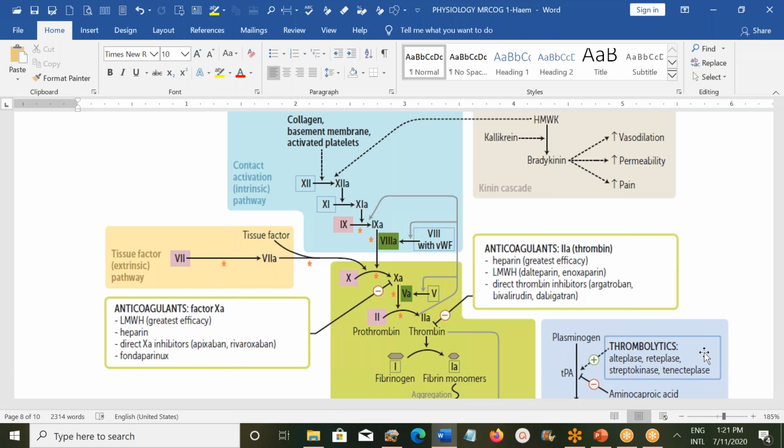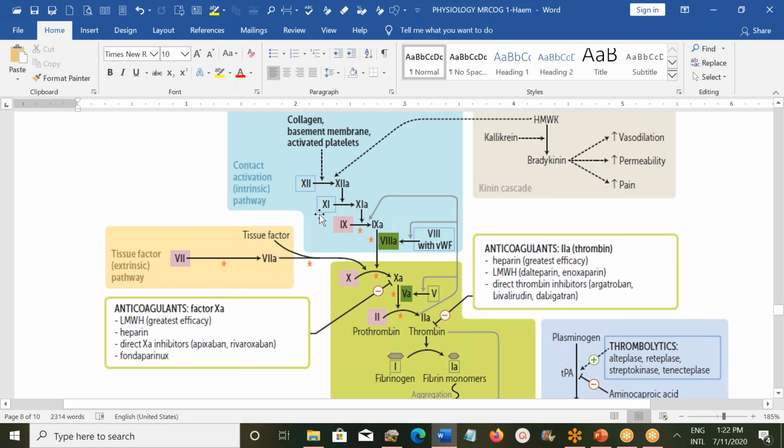So both pathways will start by activation of different blood clotting factors. The intrinsic pathway will be activated by conversion of factor 12 to 12A, which we call an activated factor.